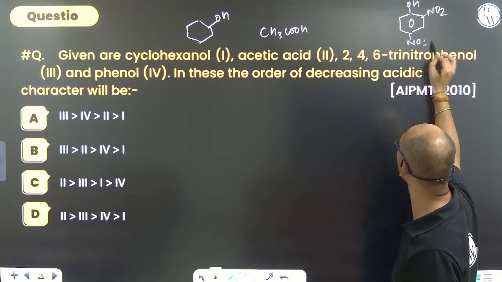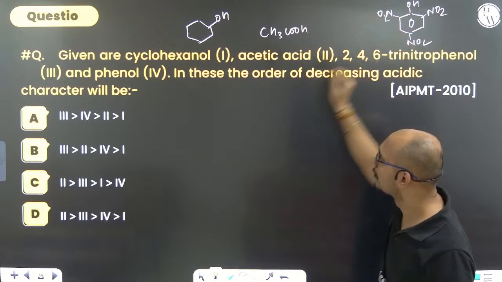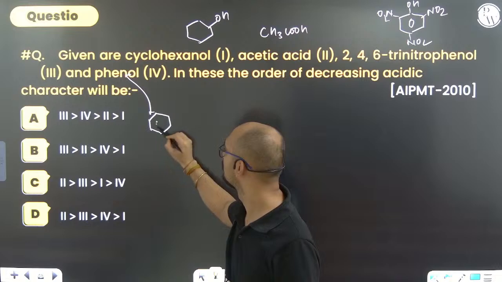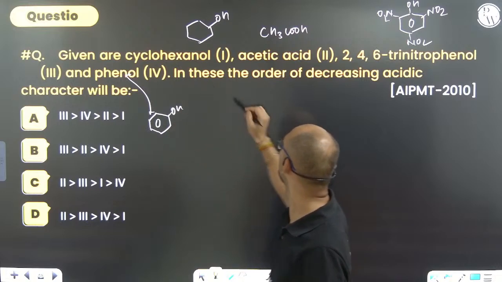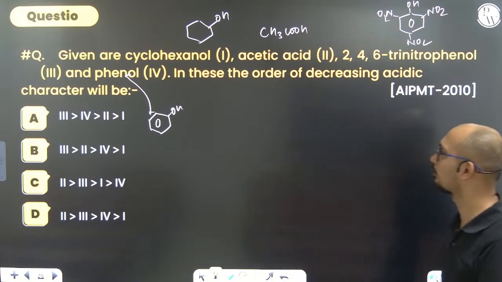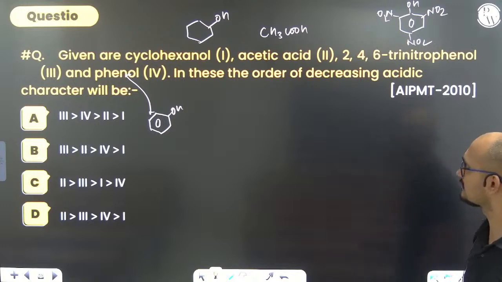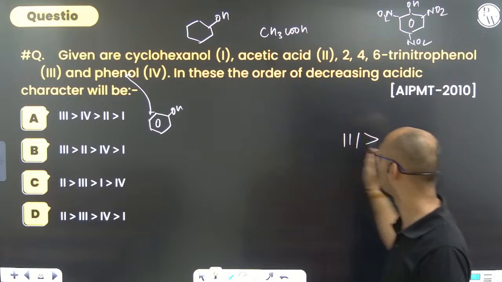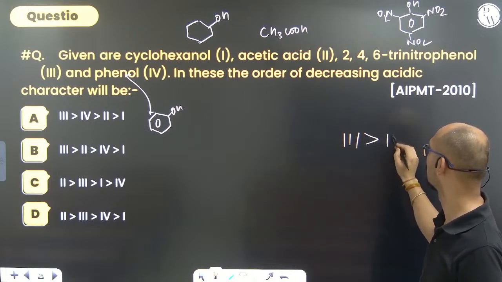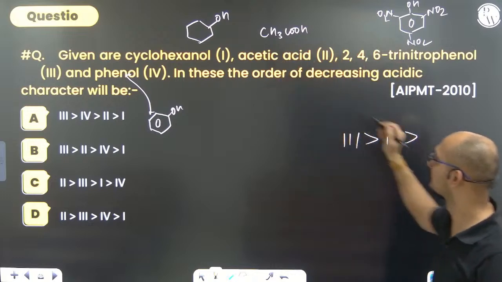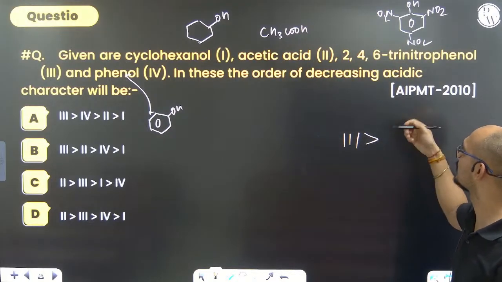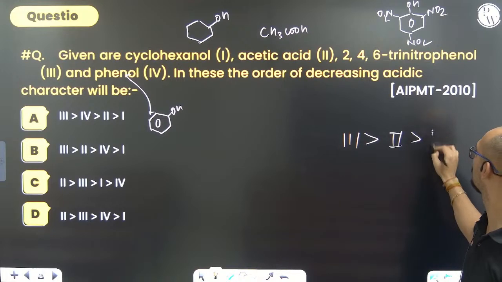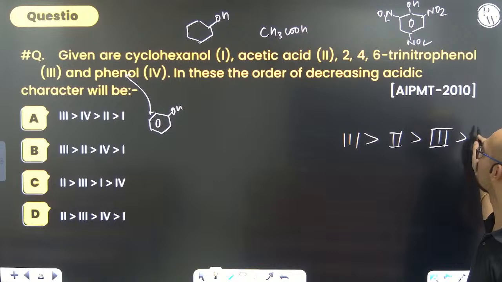If it is talking about NO2 and phenol, we have to tell about all these four. What is the order of decreasing acidity? Maximum will be for picric acid, so 3 is more than. Then phenol. Sorry, then acetic acid, then phenol, then cyclohexanol.